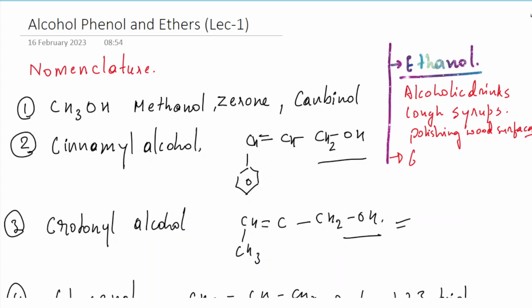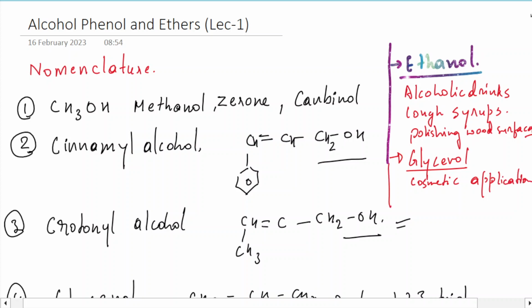Next to this is glycerol. Glycerol has its cosmetic applications, that's propane 1,2,3 triol, we will discuss it also. Next to this is phenol. Phenol is used to prepare antiseptics and disinfectants.